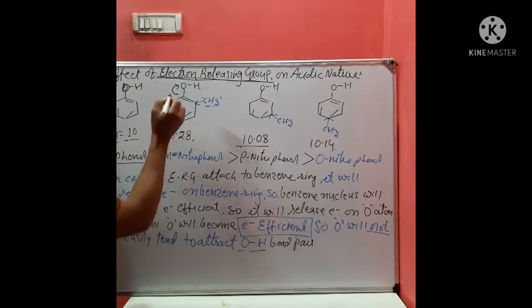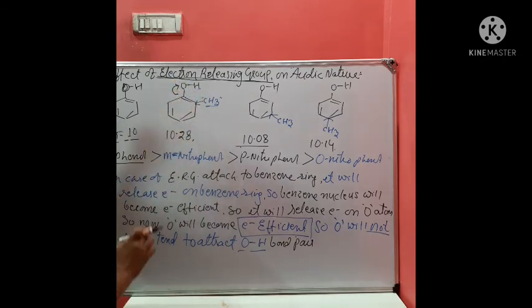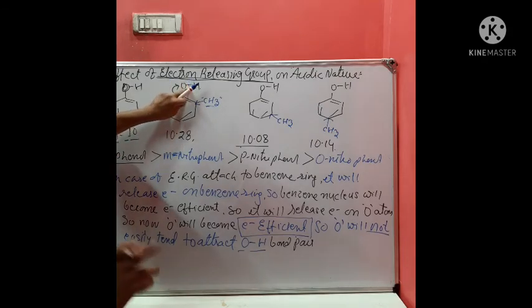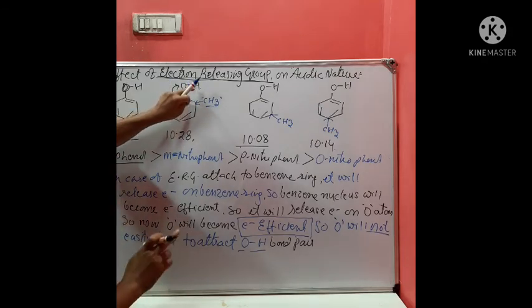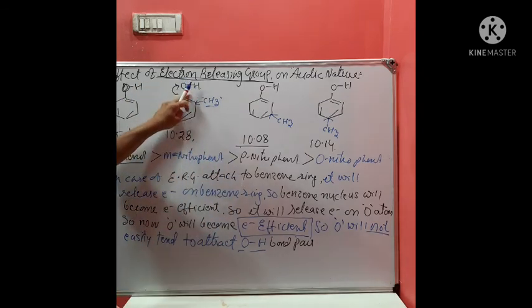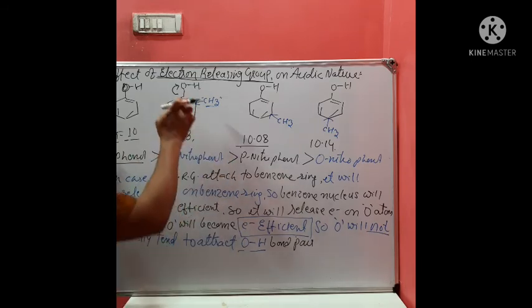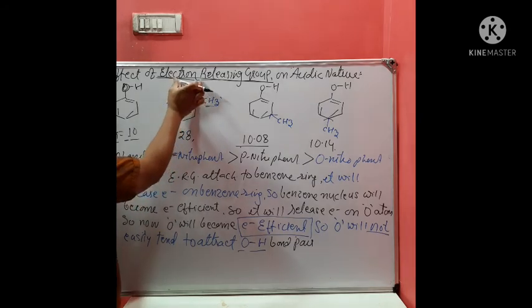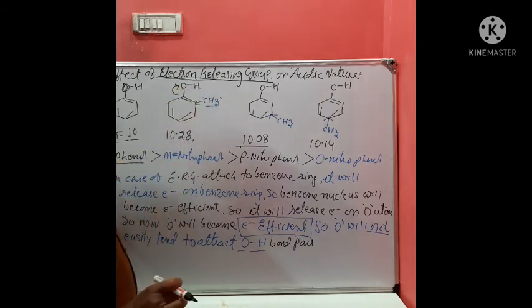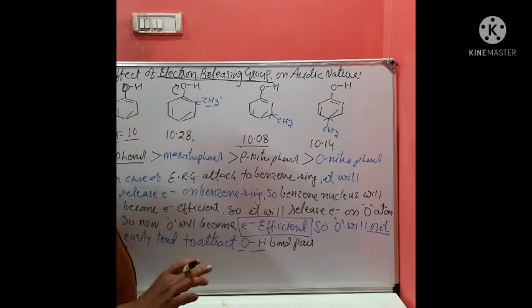Means when it becomes electron efficient, the bond pair will not be attracted by oxygen, and if the bond pair is not attracted by oxygen, then the H will remain connected with the oxygen. That means the hydrogen releasing capacity will decrease. The greater the tendency of attraction between O and H, the release of hydrogen becomes difficult.